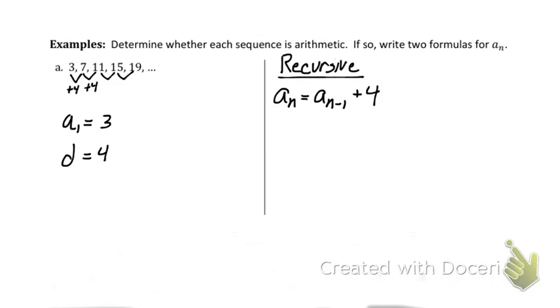You might say, well, I'll start at 4. 4 plus 4 is 8. 8 plus 4 is 12. So whenever you give a recursive form, you need to say what your starting term is, or at least give some point in that sequence. The easiest way is to give your first term and say your first term is 3. So whenever you're doing recursive, you always need a starting value.